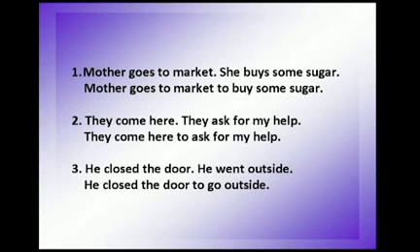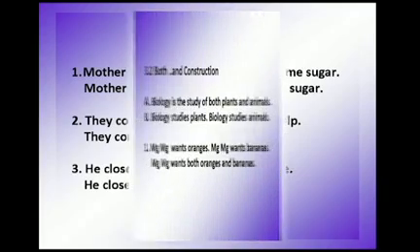Similarly, he closed the door. He went outside. The correct answer is, he closed the door to go outside. By studying this structure, you can try the rest of the questions on your own, and all the answers are provided for you in the study guide.